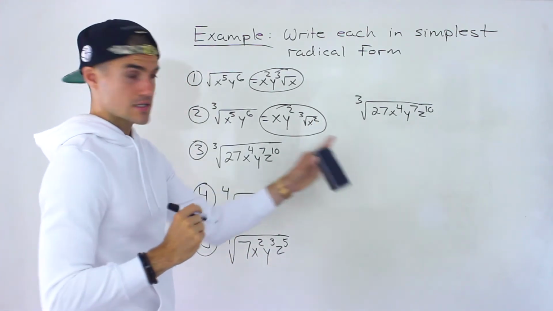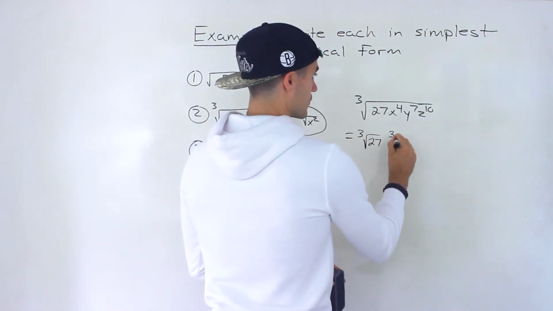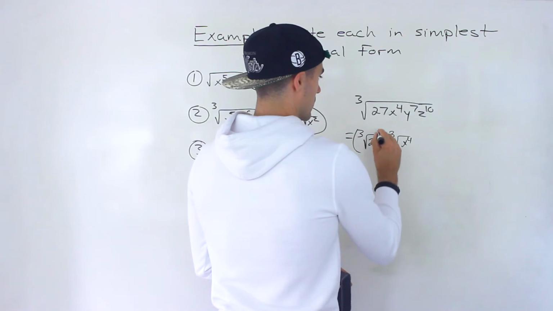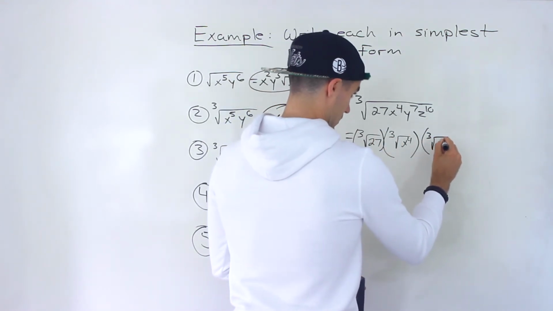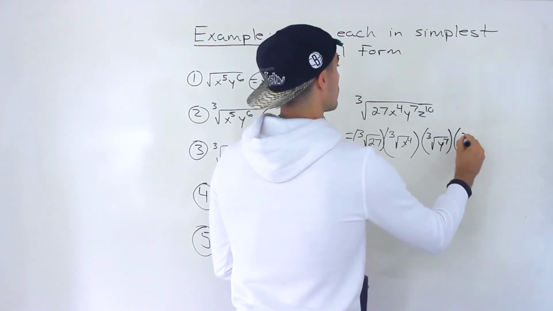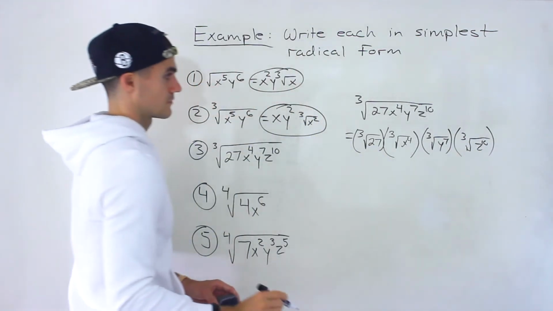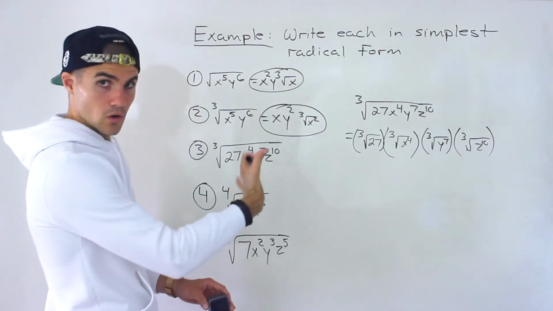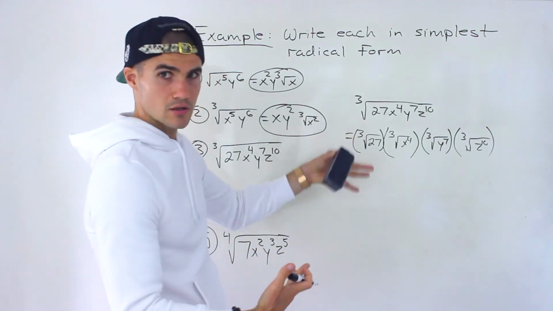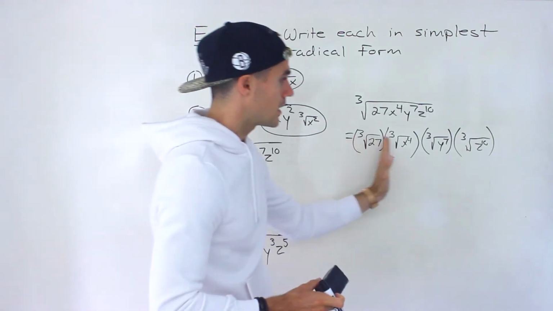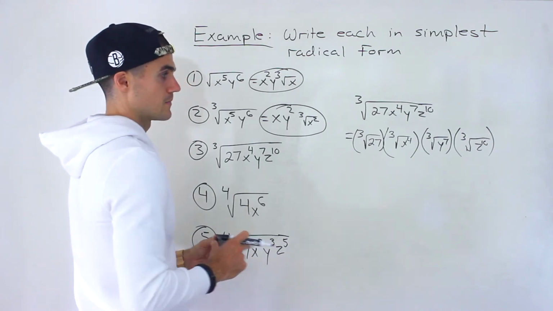So again, we could split these up: third root of 27, third root of x to the 4, third root of y to the 7, and then the third root of z to the 10, like that. We could just work with those individually. As you get more practice, you're going to be able to do this a lot quicker, but initially I recommend breaking it down and getting that practice of the fundamentals in.